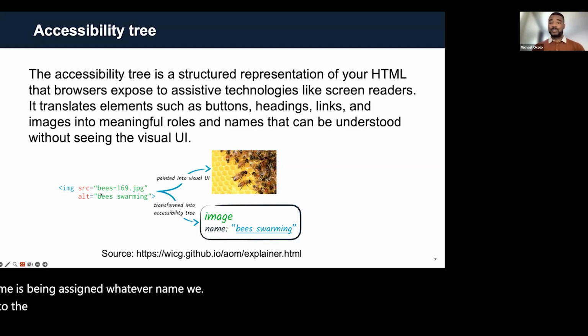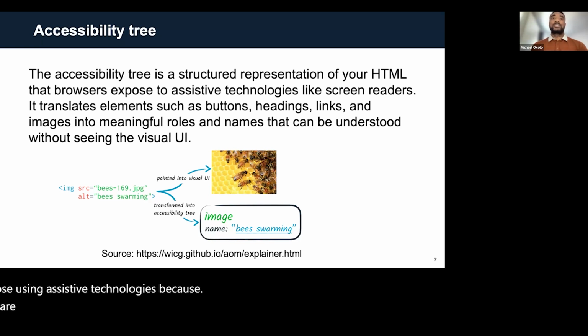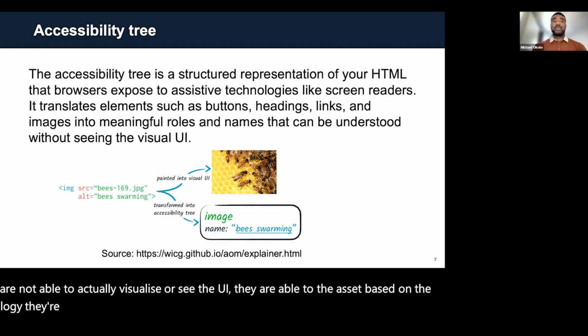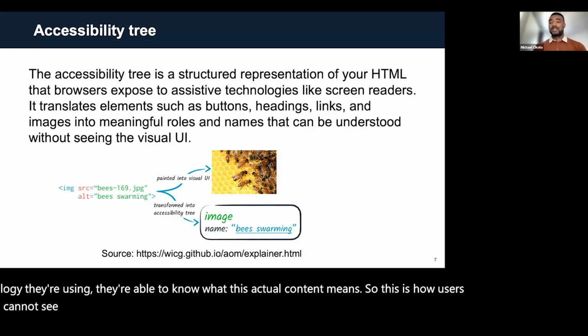This is quite useful for those using assistive technologies because if they're not able to visualize or see the UI, based on the technology they're using, they're able to know what this actual content means. So this is how users who cannot see the visual interface can still understand the content and interact with the page.